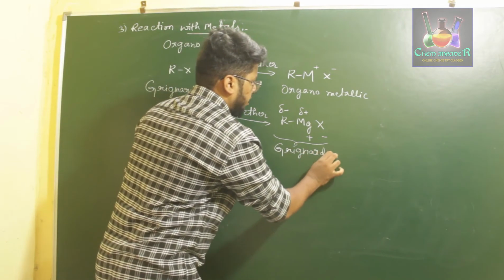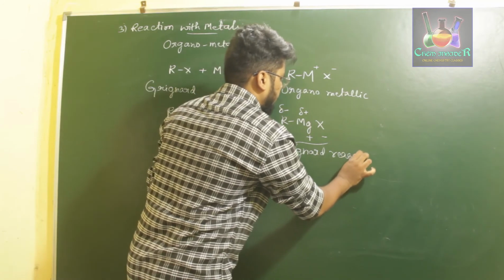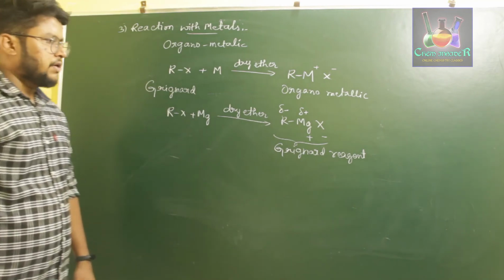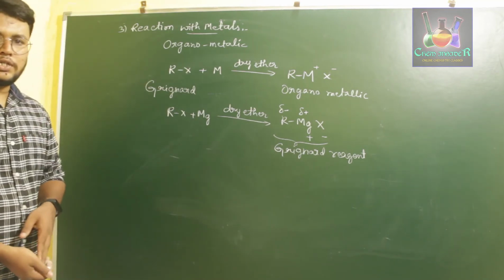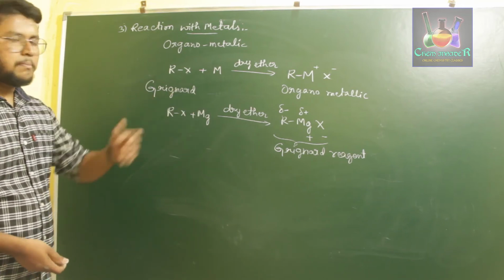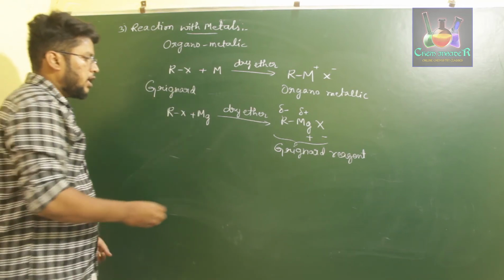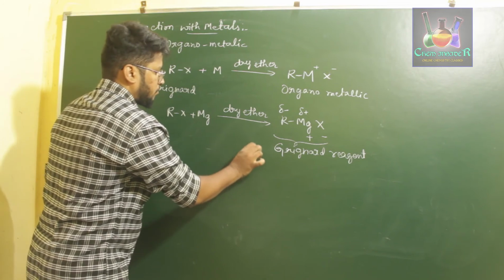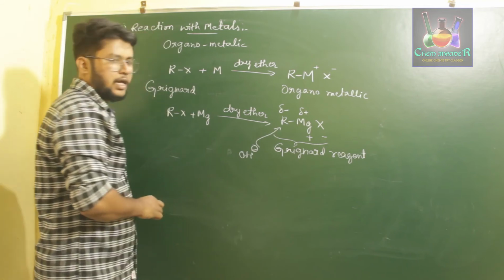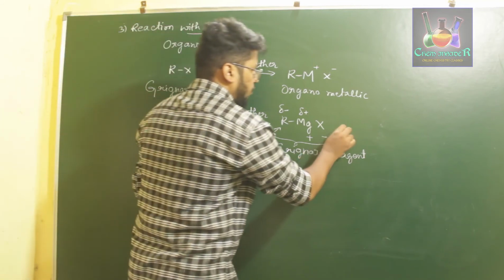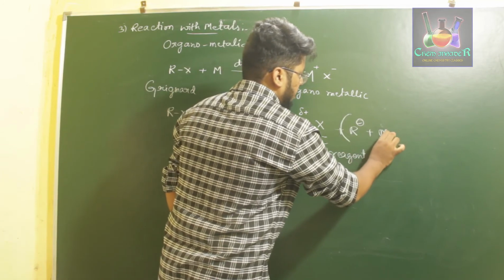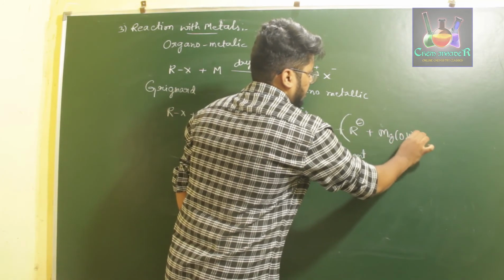This Grignard reagent is a very active kind of group. Whenever we treat a nucleophile with RMgX, the nucleophile gets attached to the magnesium compound. For example, if I treat OH minus, or H2O, with this alkyl magnesium halide, the Grignard reagent, it forms R minus ion along with MgOHX.